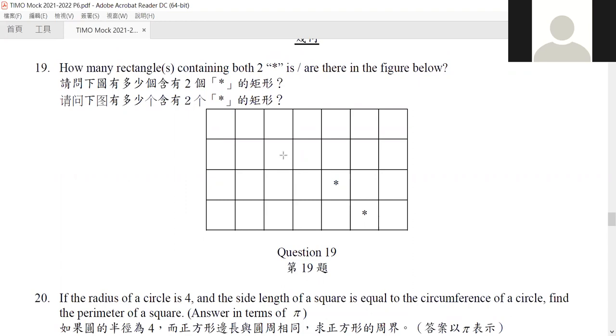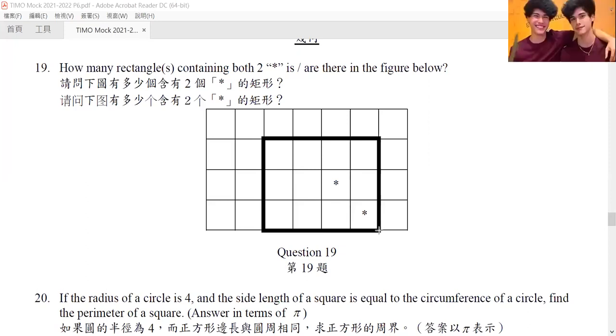Now let us just draw a rectangle which contains the two stars, and notice what the criteria are. Notice this black rectangle. I will draw it in a much bolder line. It contains the two stars, right?